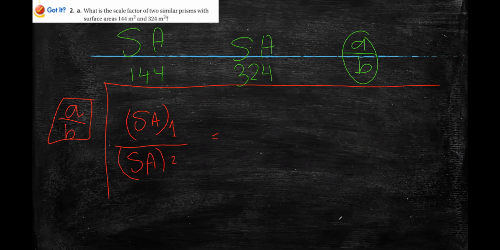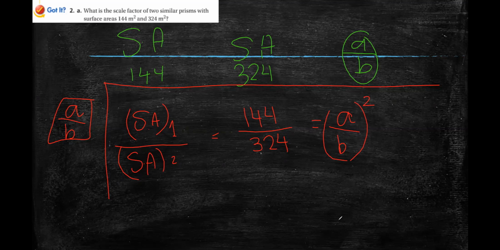If you write the ratios of them, which is 144 over 324, these two numbers now are equal. Since I'm talking about surface areas, it's equal to A over B squared. So the ratio of the surface area is rewritten as A over B squared.